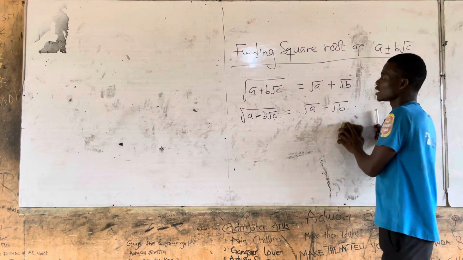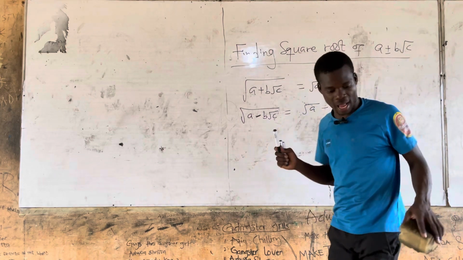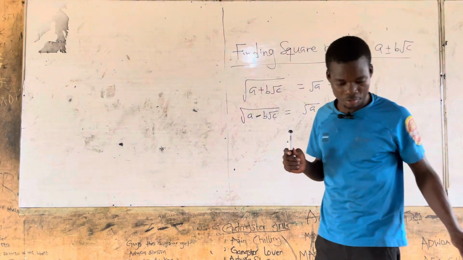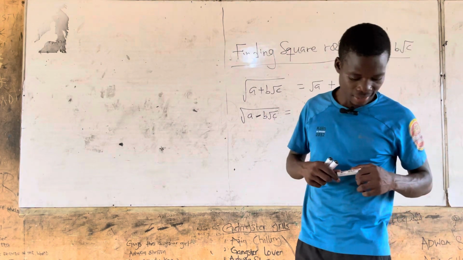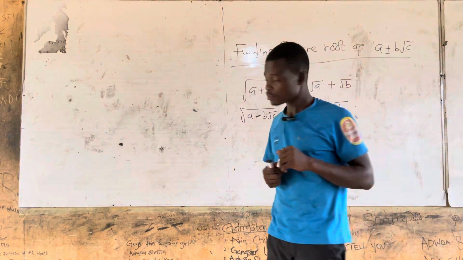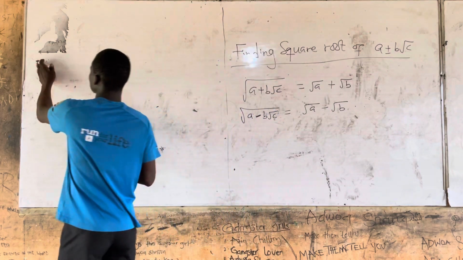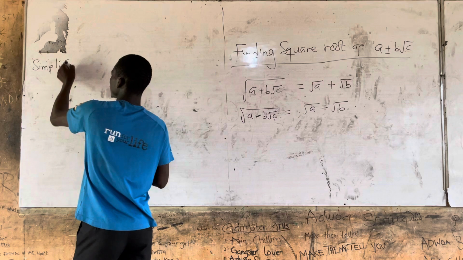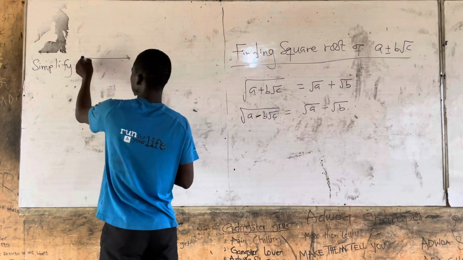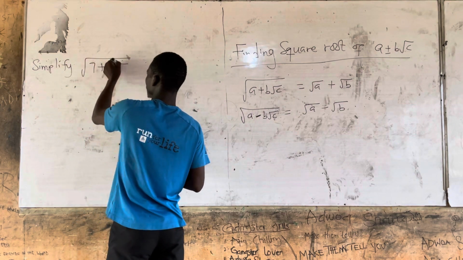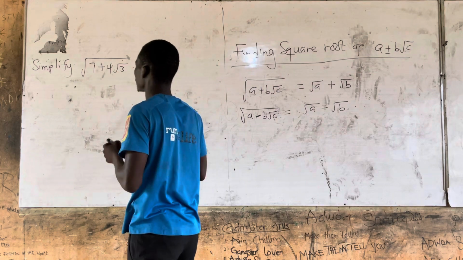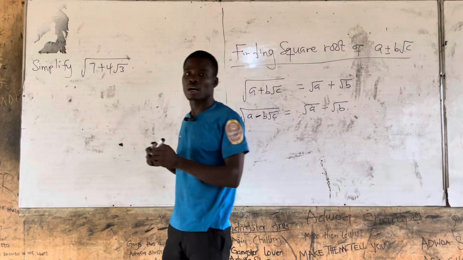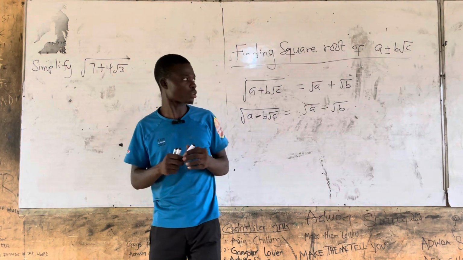So now, let's take a typical example and solve for better understanding. So we have to simplify square root of 7 plus 4 root of 3.